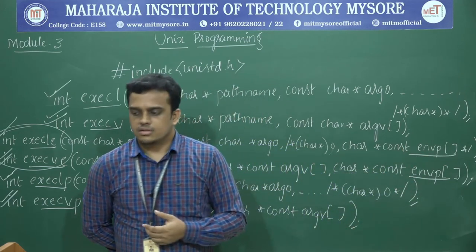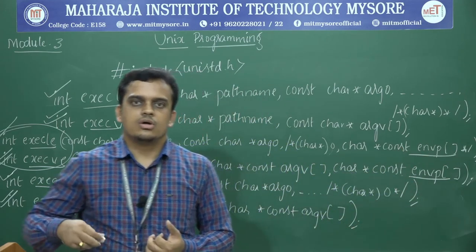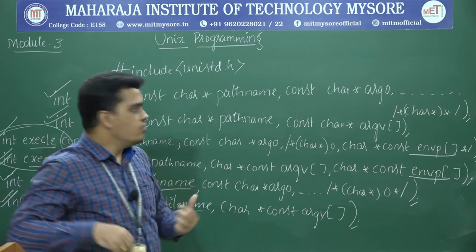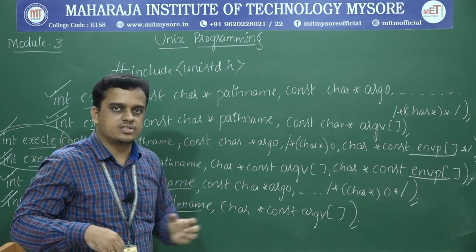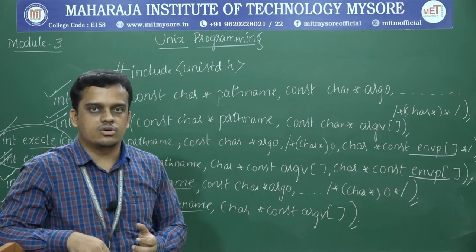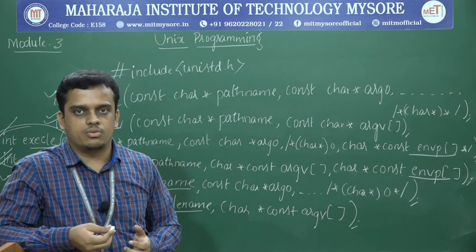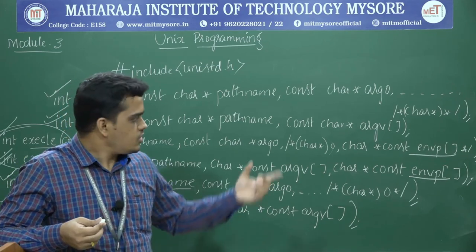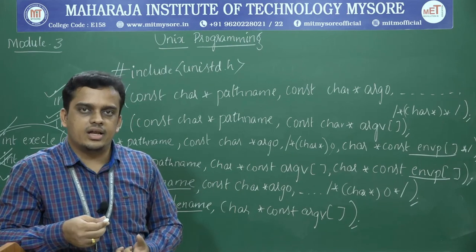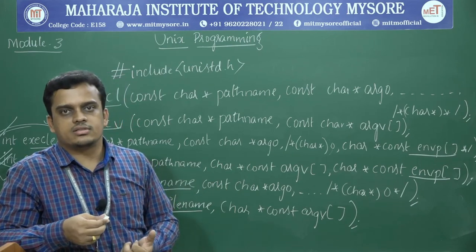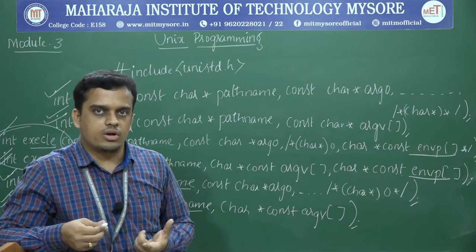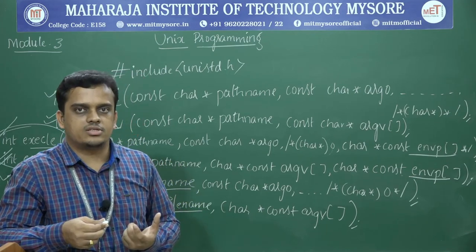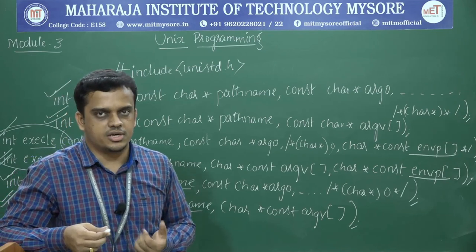And that is the third major difference with respect to the 6 different forms of an exec function, where the other 4 exec forms need to follow the same old protocol for passing environment variables, whereas exec LE and exec VE have one more argument which takes the environment variables in the same argument section itself.